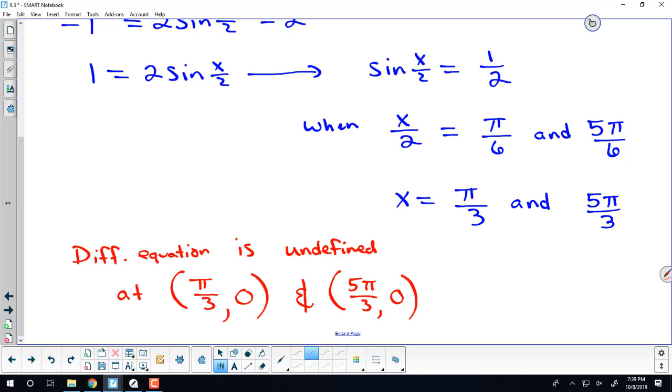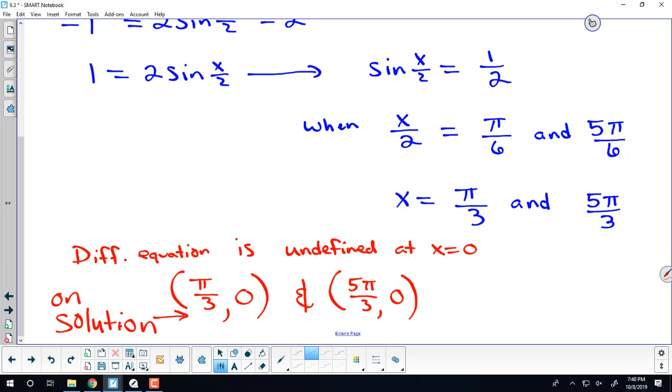So the differential equation is undefined at u equals 0, but that means on our solution that it corresponds to those 2 points. So if the differential equation is undefined at 0 and our solution yields these 2 points, then at those 2 points it's also undefined, right?